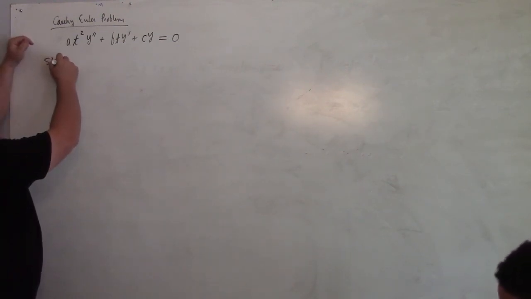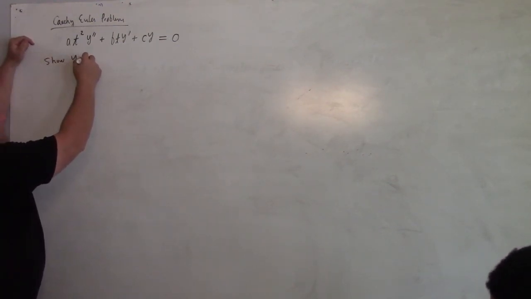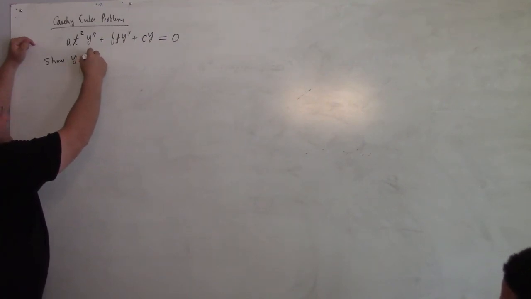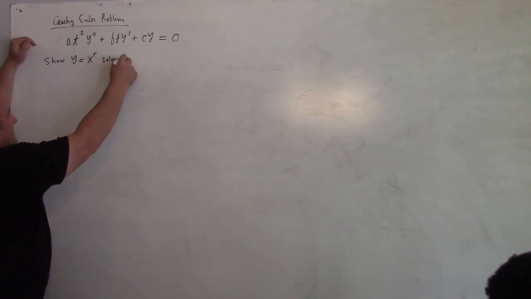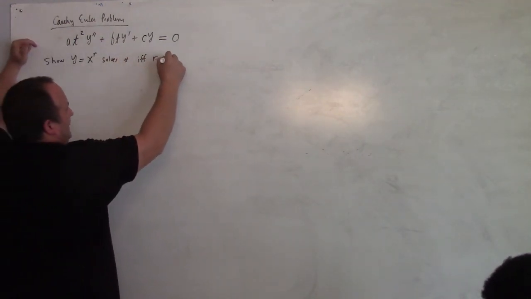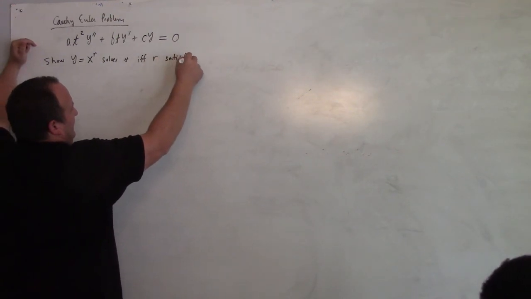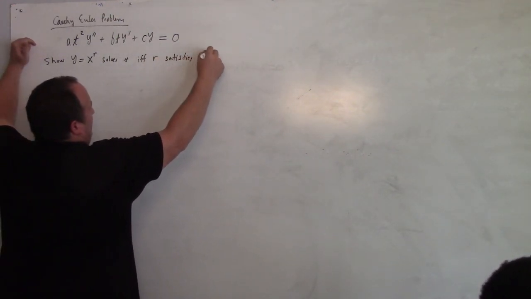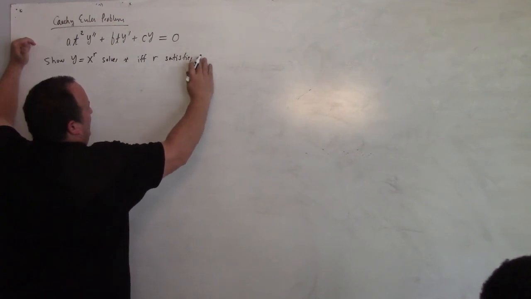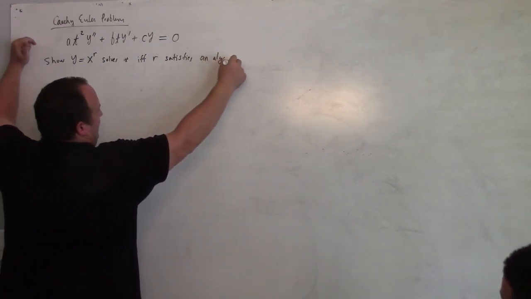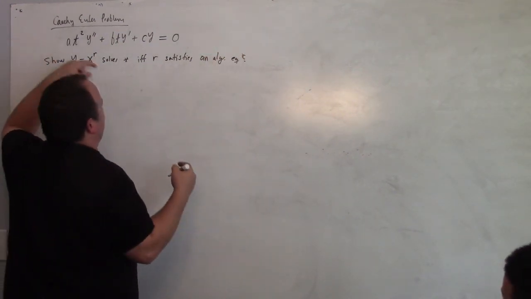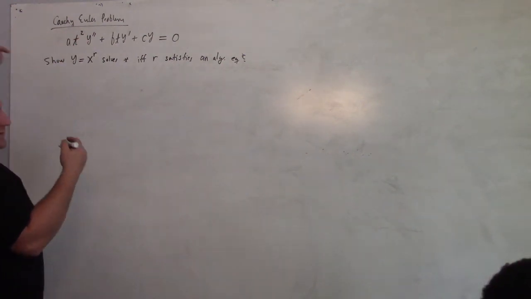Show y equals x to the r solves star if and only if r satisfies a particular algebraic equation in lambda squared. Or it may have been: find the algebraic equation that r needs to satisfy to solve this. All right, fine.